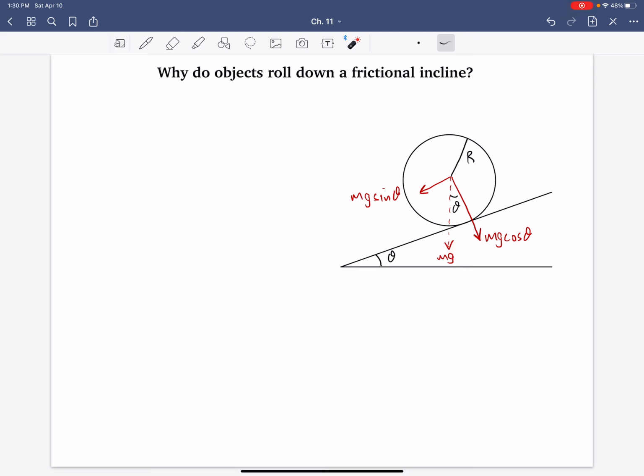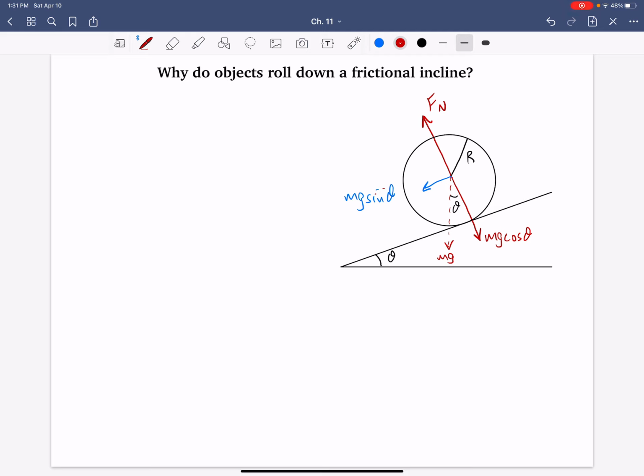Let me write each component in a different color, each axis. There, so that's mg sine. Now the force of the incline on the ball, right here, that's the normal force. So there's gravity and there's the normal force.